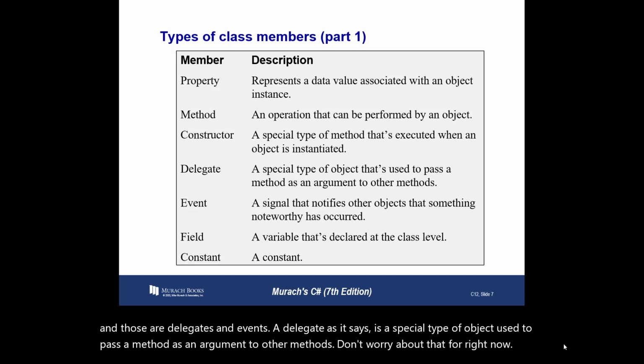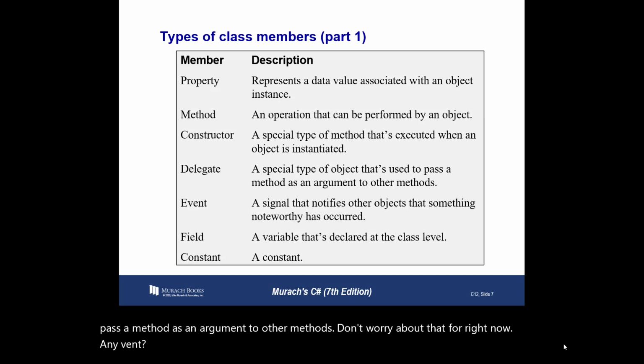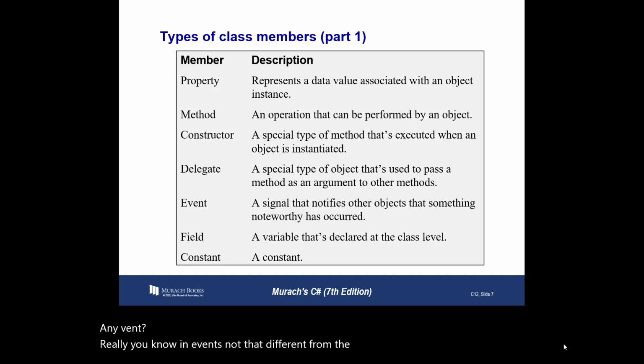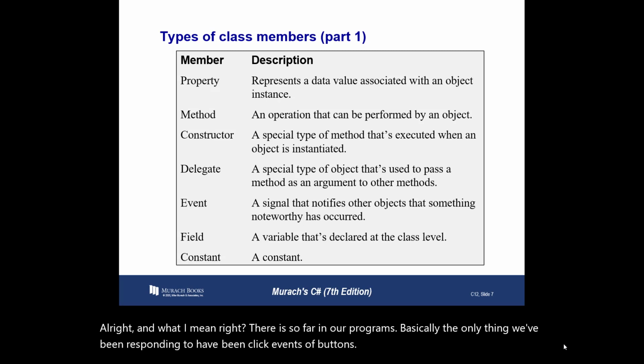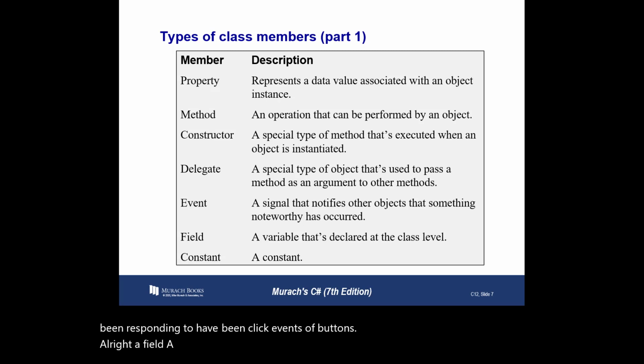An event's not that different from the events we've been talking about. What I mean is, so far in our programs, basically the only thing we've been responding to have been click events of buttons. All right, a field is a variable that's declared at the class level. So a field basically is a property. And a constant is just that.